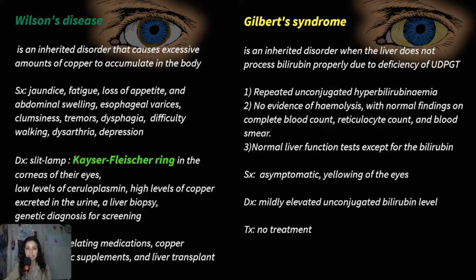Diagnosis is by slit lamp examination to find the Kaiser-Fleischer ring, as you see here in the cornea of the eyes. Also, low level of ceruloplasmin, high level of copper excreted in the urine, and some liver tissue changes.